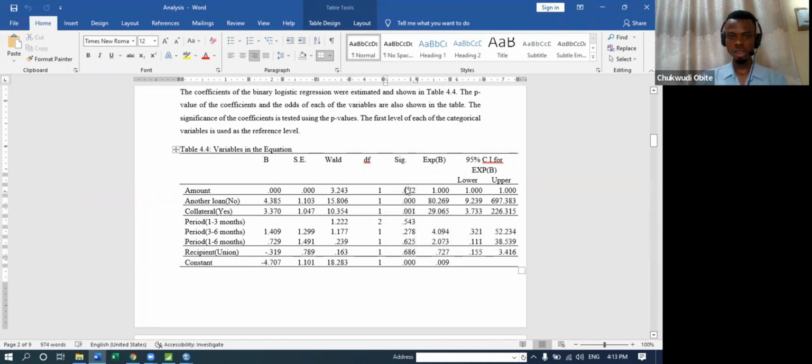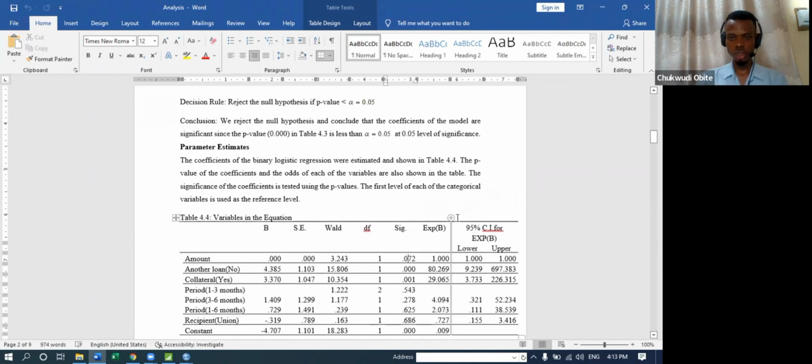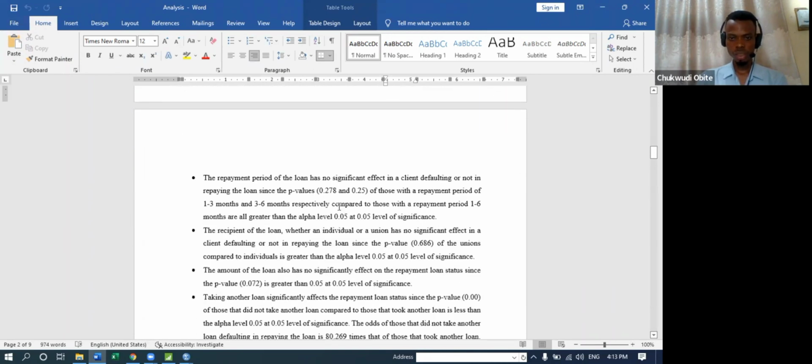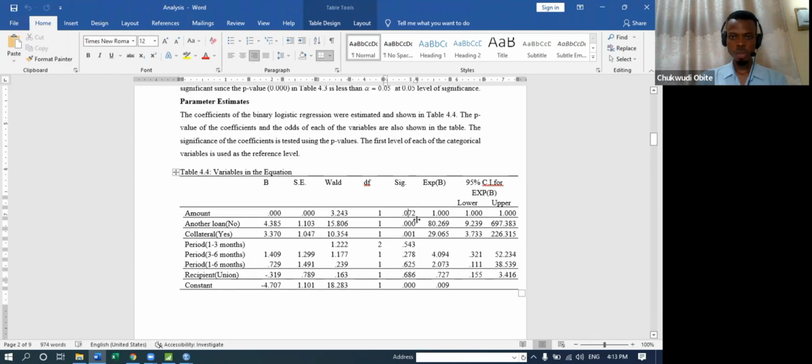Let me see what we are using as level of significance. The level of significance is 0.05. So we are not going to interpret this. We are not going to explain what the B means and what this exponent B means; we are going to say that it's not significant. That's the only interpretation we give for this. We are going to interpret another loan and collateral.